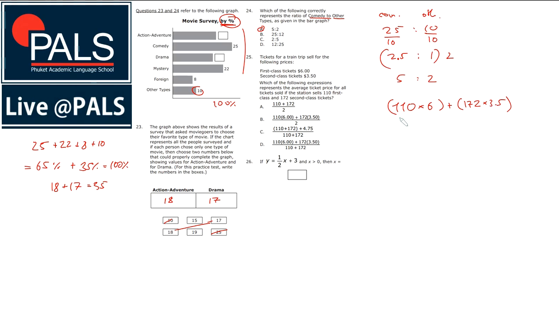And then we need to divide by the total number of numbers, and that is 110 plus 172, and that will give us the average or the mean, and we can see that is answer D.